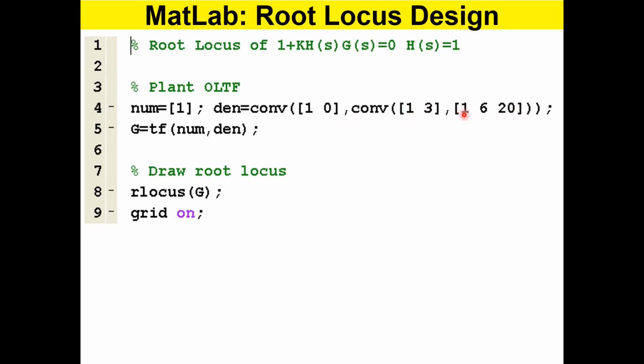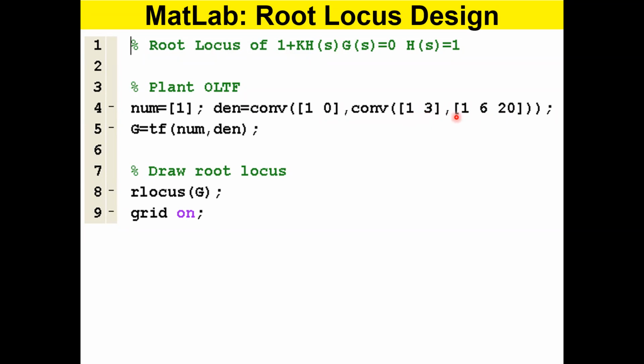This means s square plus 6s plus 20. So this is the format Matlab uses to declare polynomials. If you say 1 6 20, it is actually s square plus 6s plus 20. If you say 1 3, it is s plus 3.